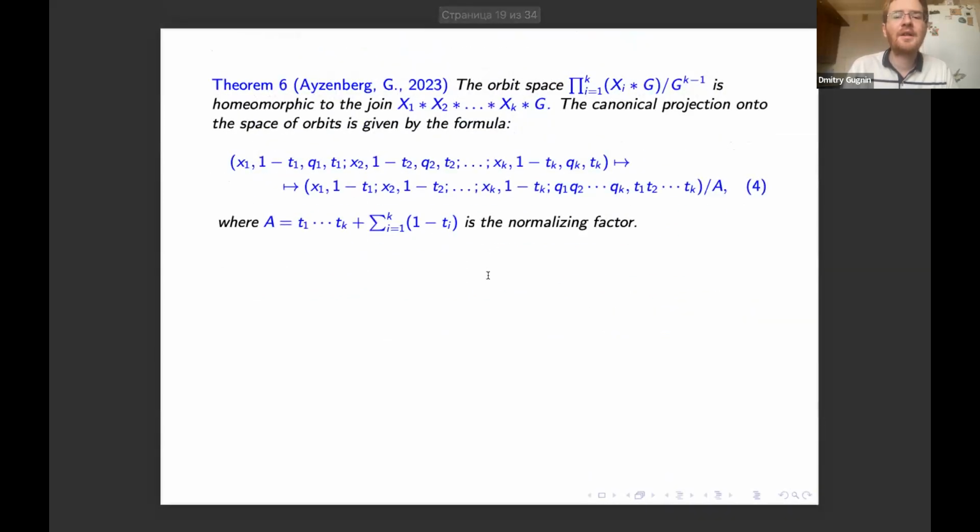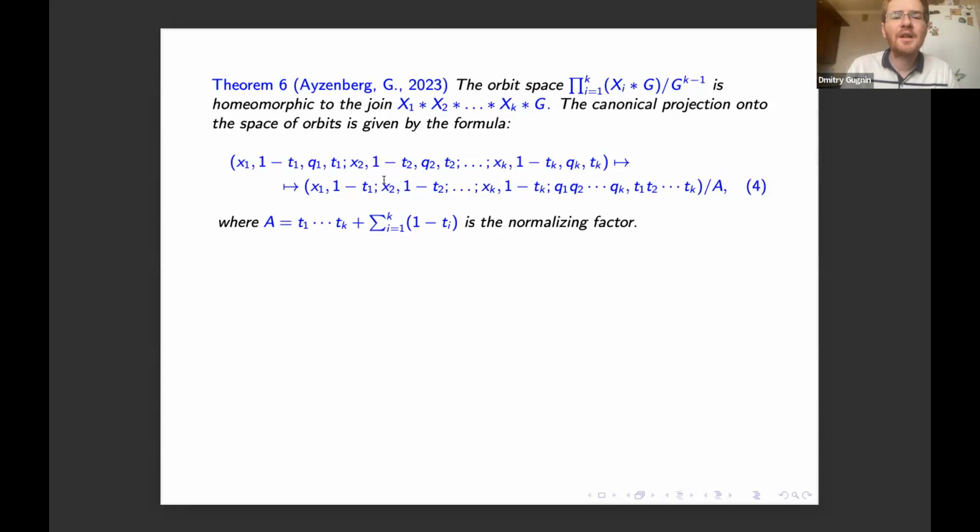And it can be proved, not very hard, that the orbit space of this product of joins quotient by this group G is again homeomorphic to the big join x1 join x2 join xk join G. And the canonical projection onto the space of orbits is given by this formula.